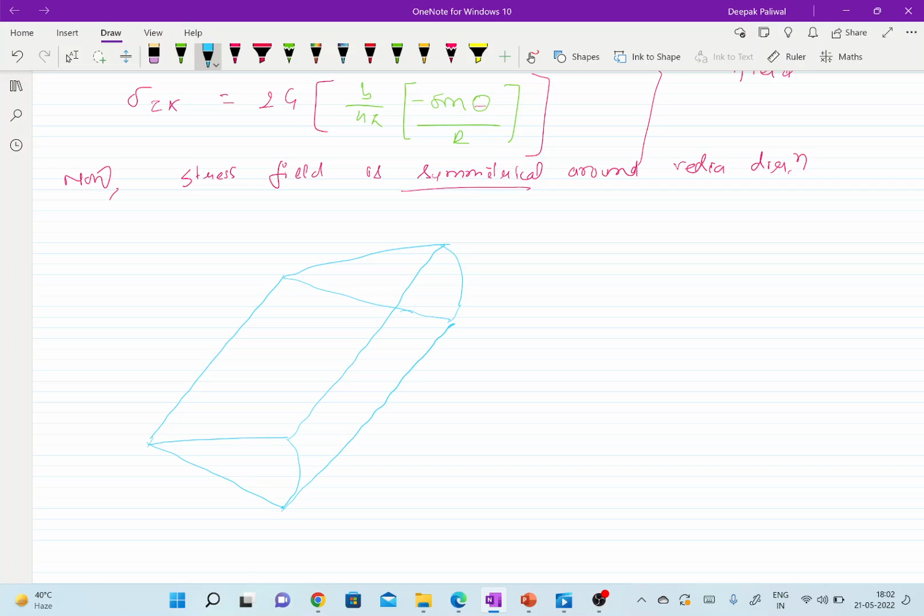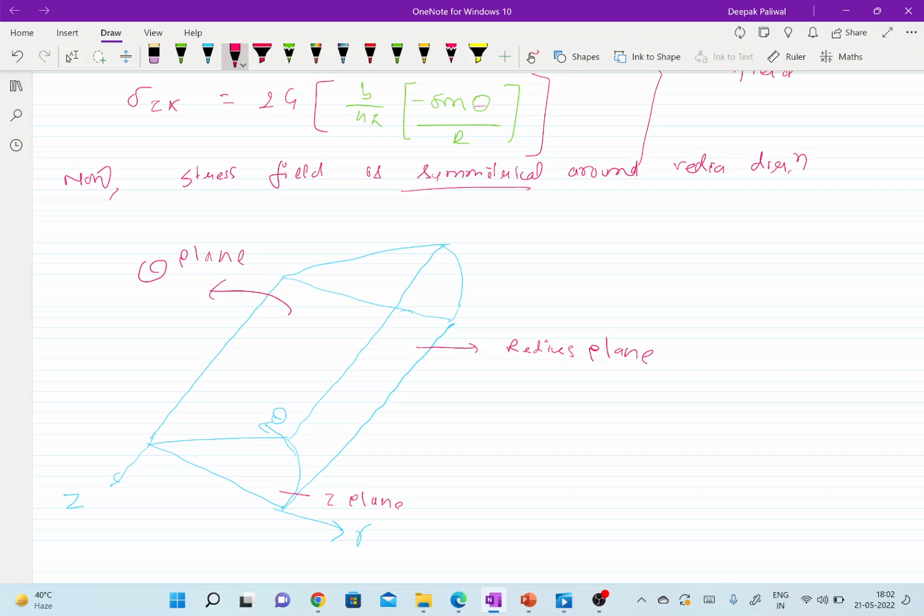This is the z axis, this is the r axis, and this is theta. This is the z plane, this is the radial plane, and this is the theta plane.